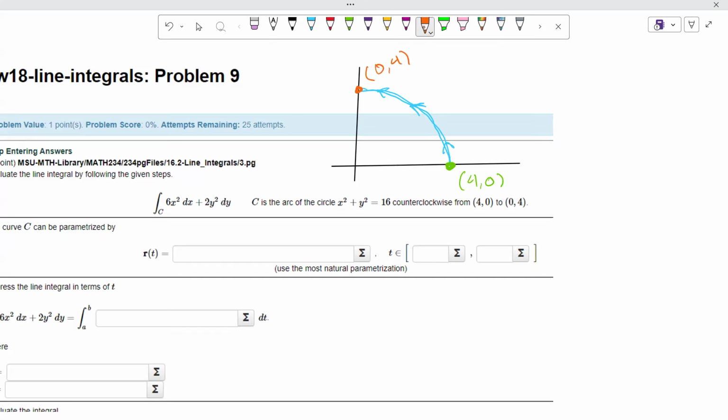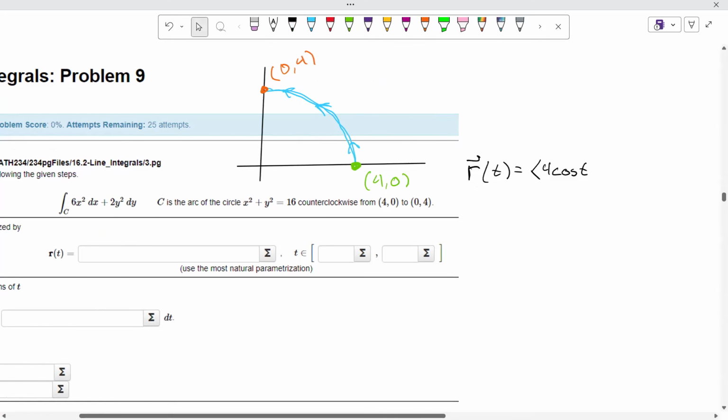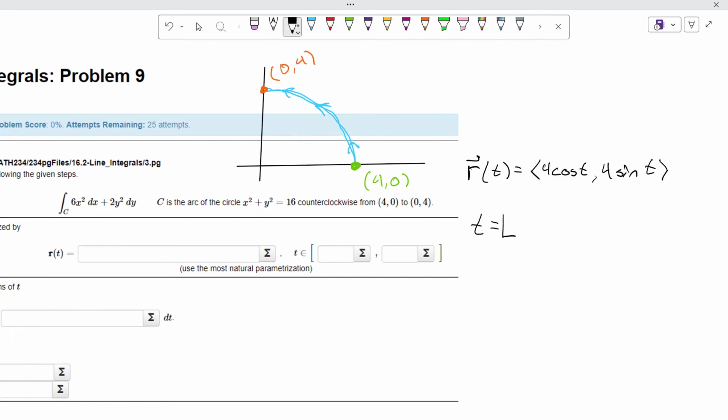I'm on a circle, so I think polar coordinates is a really good parameterization. So r of t probably is going to be 4 cosine t, 4 sine t. And my bounds for t, my bounds for theta, are 0 to pi over 2, because I'm going from the positive x-axis up to the positive y-axis.